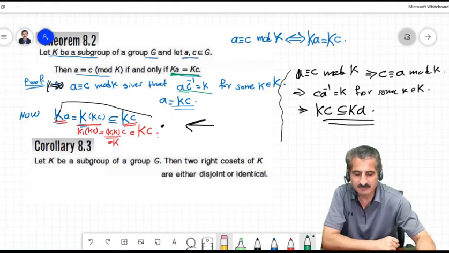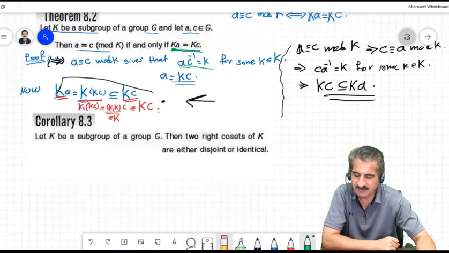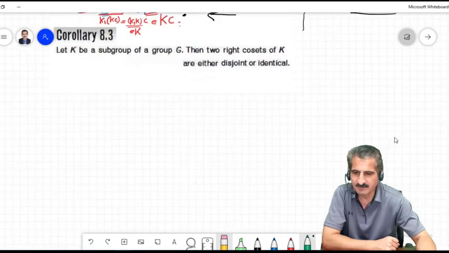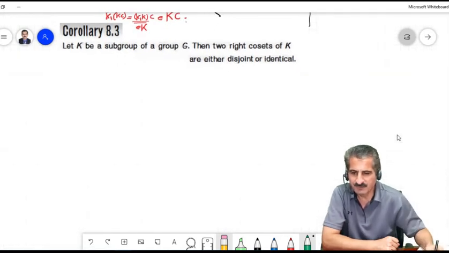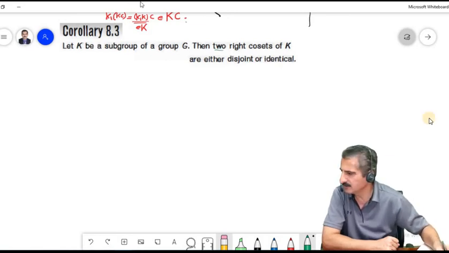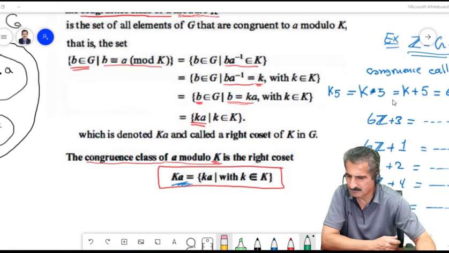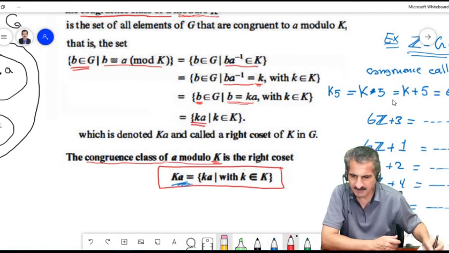If two elements are congruent modulo K, then their congruence classes modulo K are the same. So the congruence class we defined here, the congruence class of a modulo K, we simply call it a right coset.